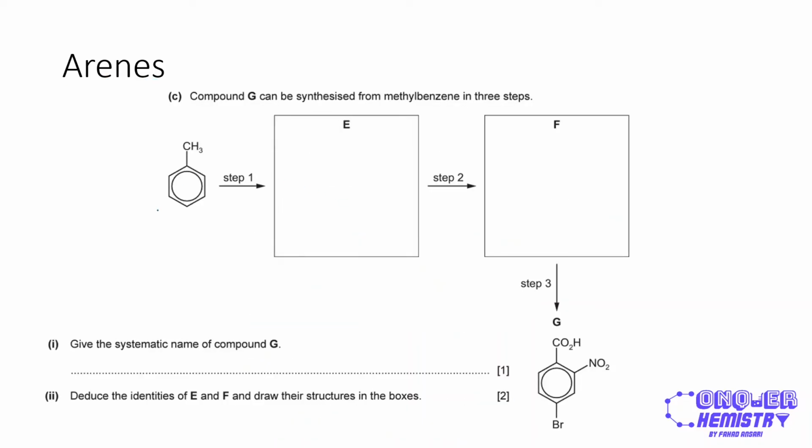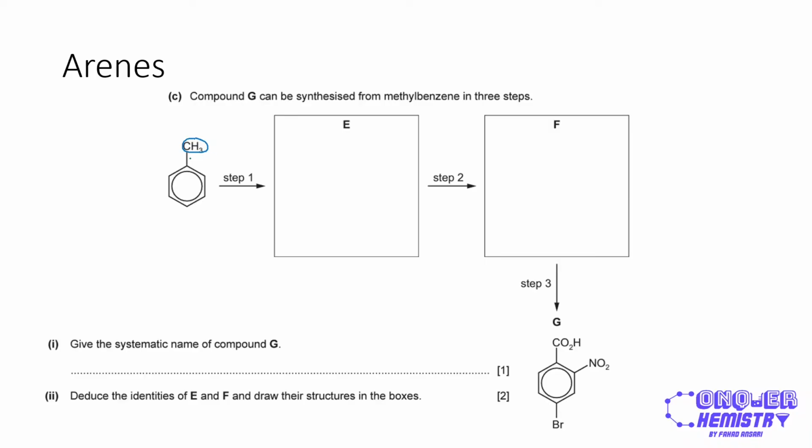So other reactions of arenes involve other substitutions as well. So over here we have methyl benzene, where one of the hydrogens has been replaced by a methyl group. Now methyl benzene can undergo further substitution reactions as well.